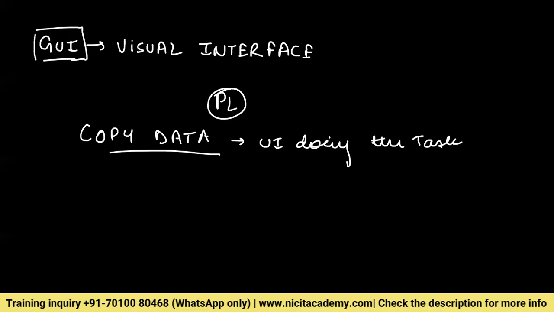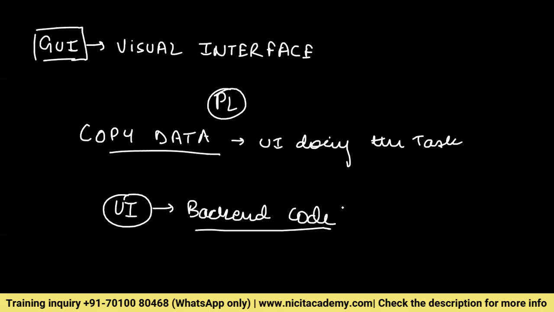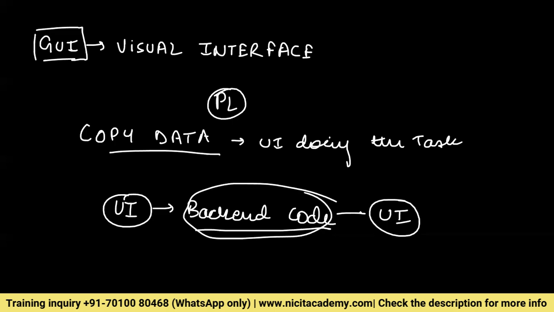So I cannot say that these UI elements are actually performing the task. Each UI element has backend code. We've just encapsulated this code into a UI element. Do you understand this point? Every UI element has backend code. What we select through configuration is nothing but giving parameters to that code. So every UI element will have some code in the backend, but I don't have to write it.